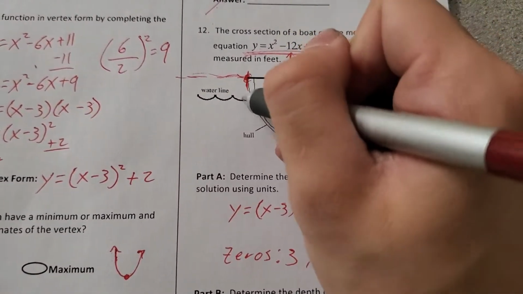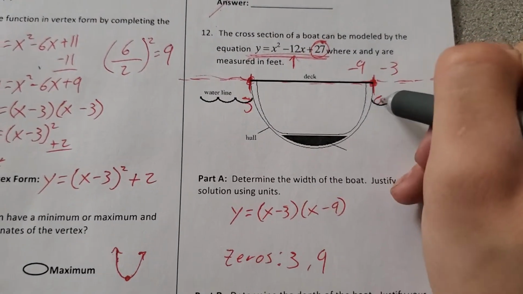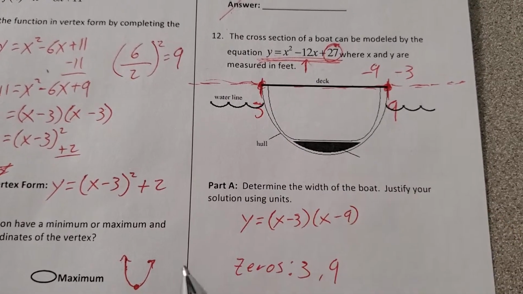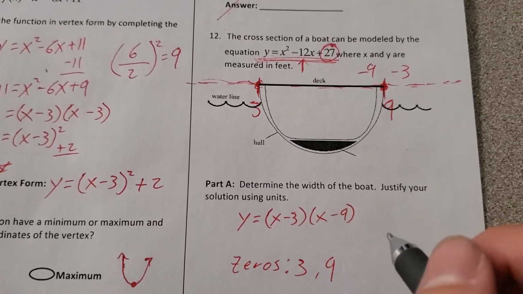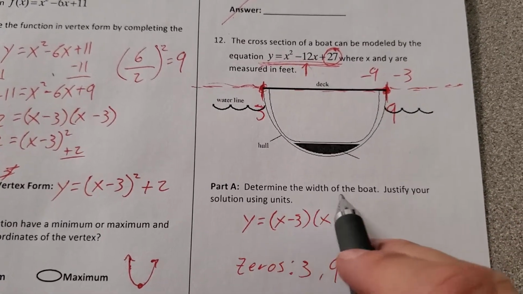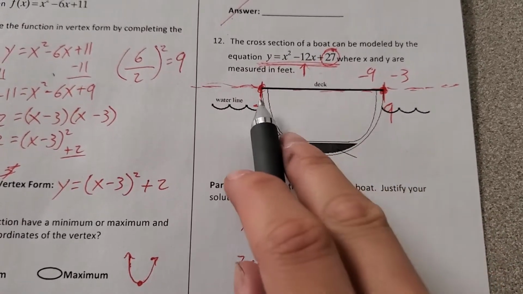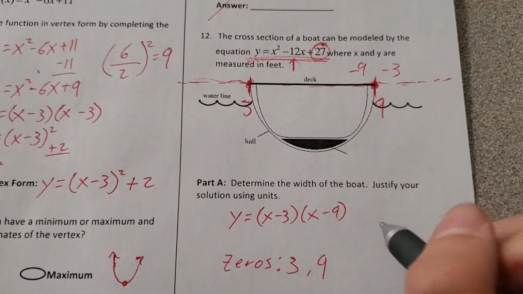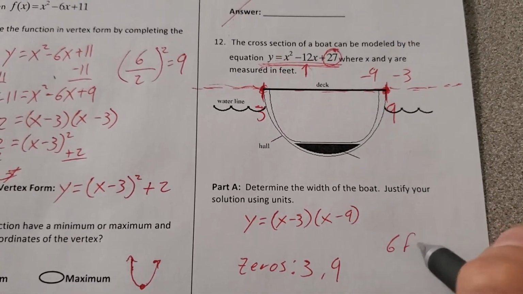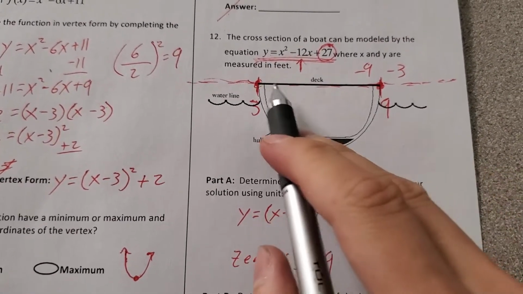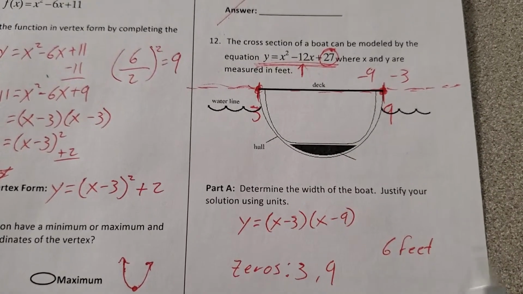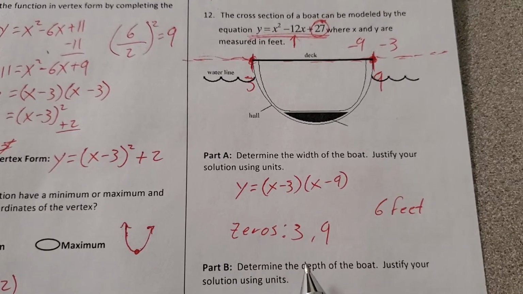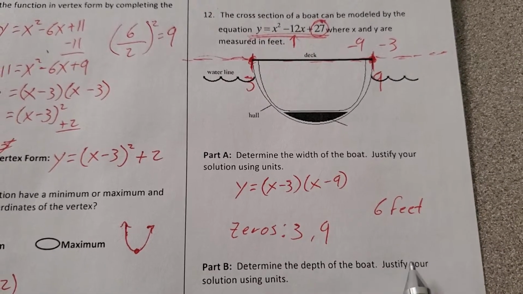So let's say this is positive 3 and this is positive 9. What's the distance from 3 to 9? It's going to be 6. So determining the width of the boat, the width will be 6 feet, because that is the distance from 3 to 9. It's 6 feet.